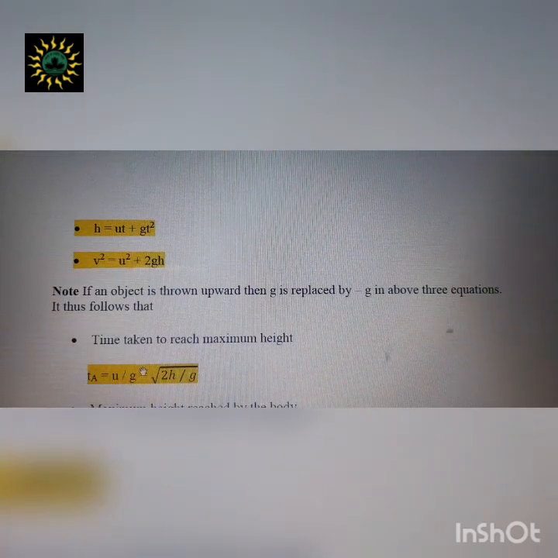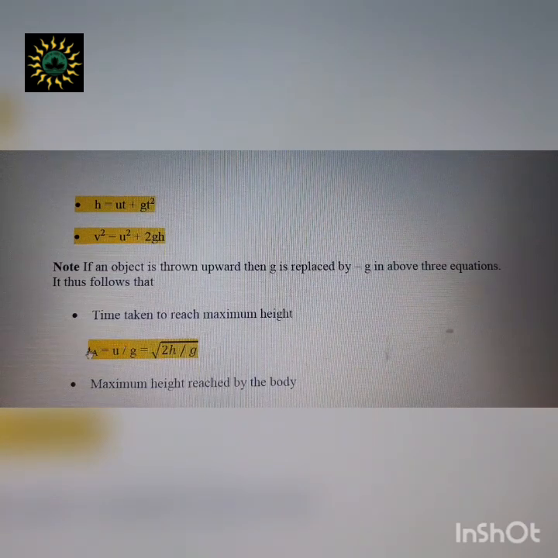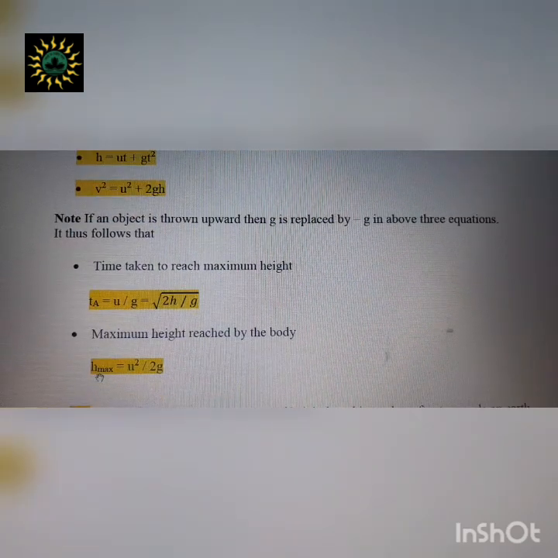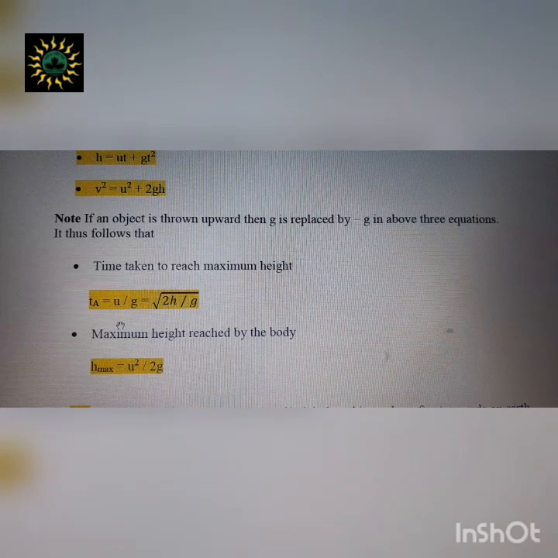And from these formulas you will get the time required for a body to reach a particular height or the maximum height, and that formula is t is equal to u by g. And h max is the maximum height. It is obtained by putting the final velocity 0.